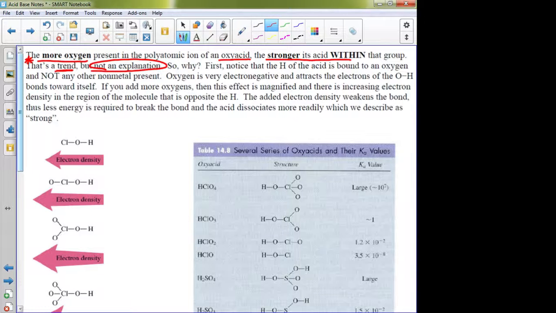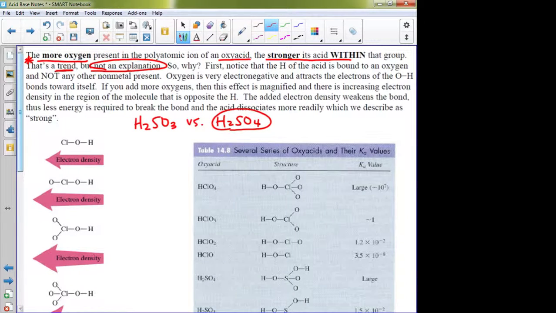So you could not say on an exam, if I gave you the choice between 2 acids, let's say H2SO3 versus H2SO4, which one are you going to choose for the stronger acid? H2SO4. And you're going to choose it because why? It has more oxygens. You cannot write for your explanation because H2SO4 has more oxygens. That is not an explanation.